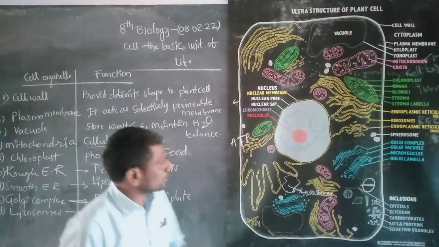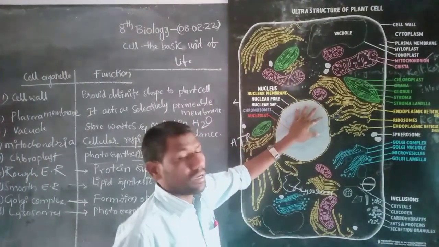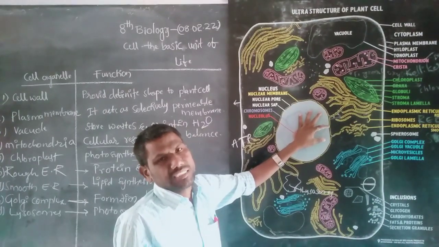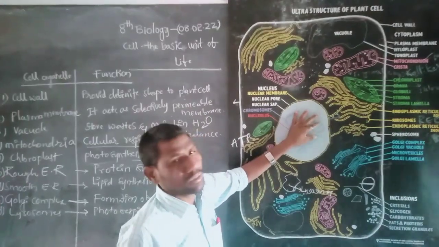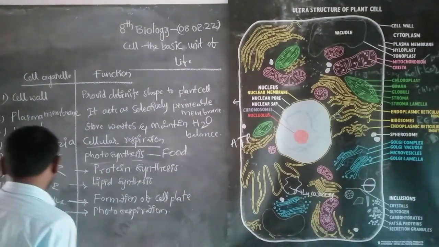Next, another cell organelle. This is the cell organelle which is present in the middle of the cell, a round ball-shaped dark colored structure. This is called nucleus.